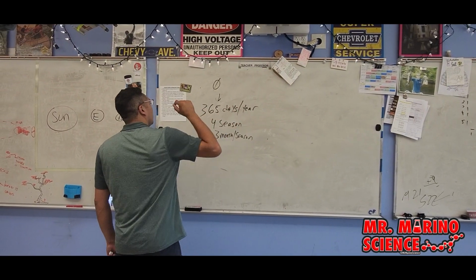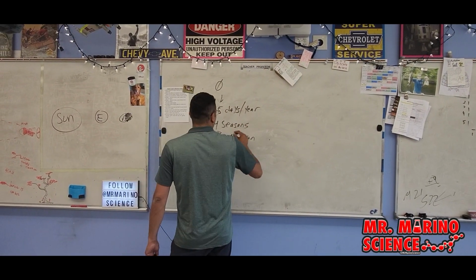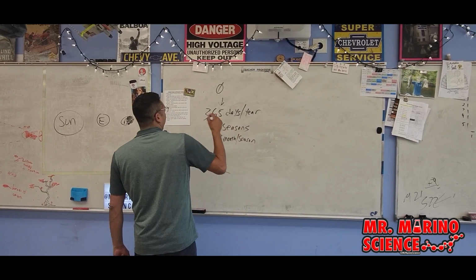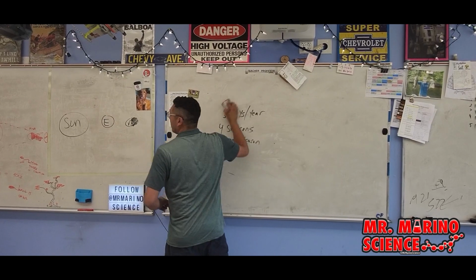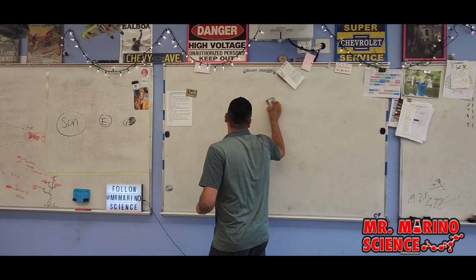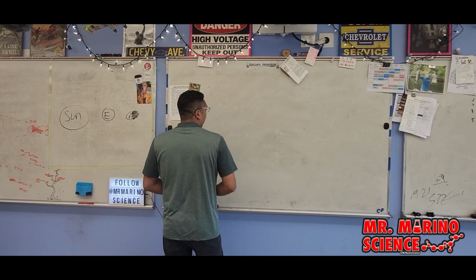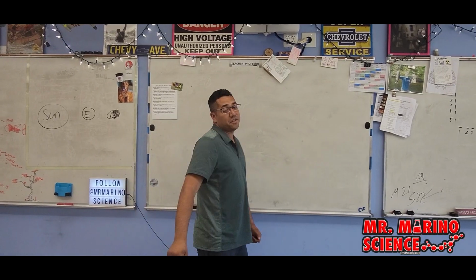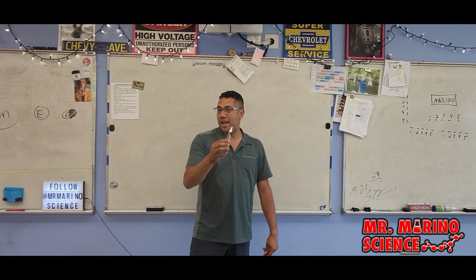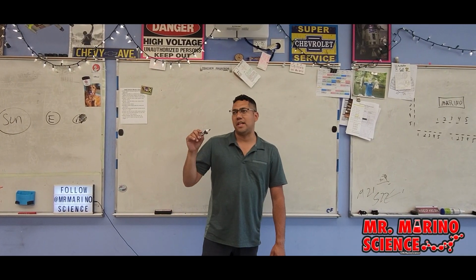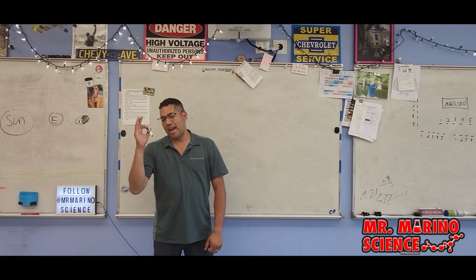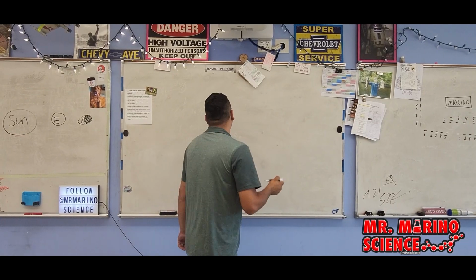365 days a year. We have 4 seasons. Each season is 3 months. And during that time, the Earth is revolving around the sun. So let's kind of illustrate what that looks like real quick. You can also make references to the demo that we did where we had the light bulb, where we had the white styrofoam ball with the pins in it, and I had it on a tilt and we went around the light bulb.